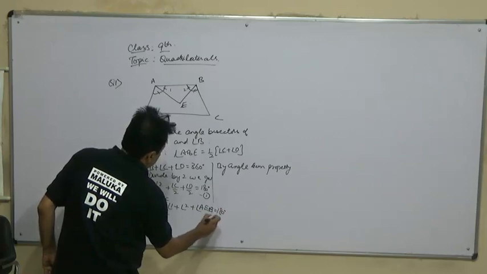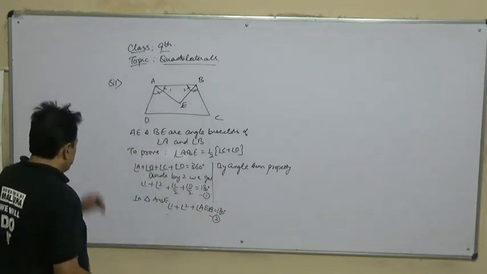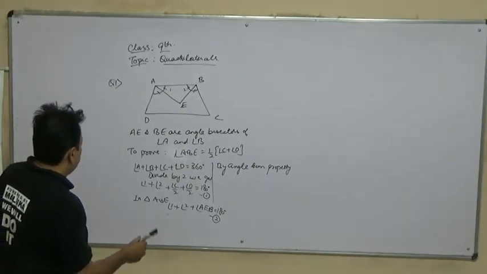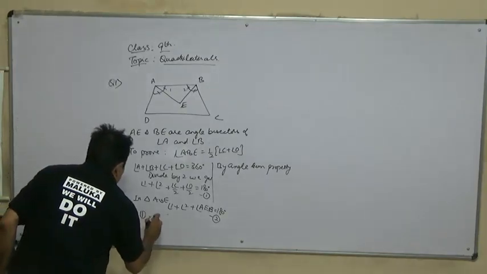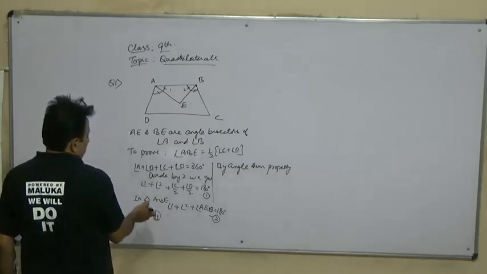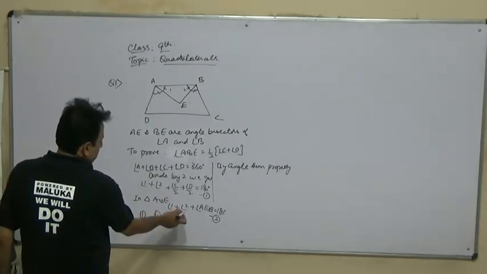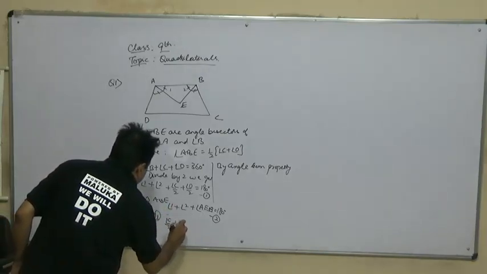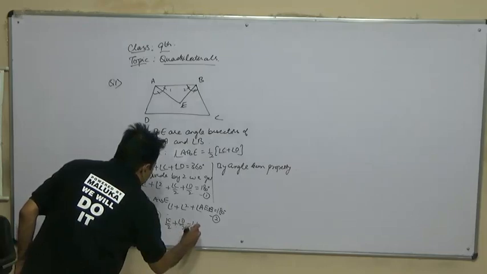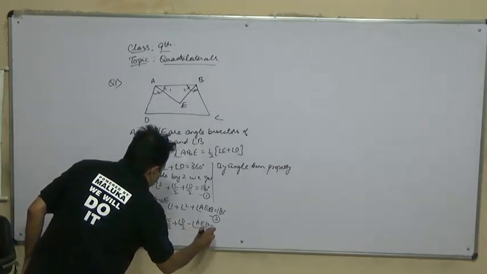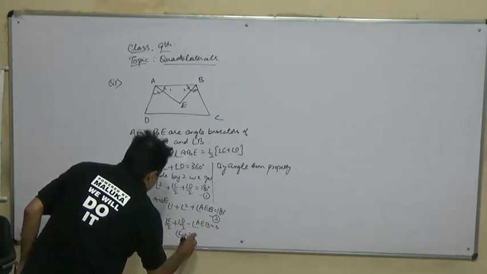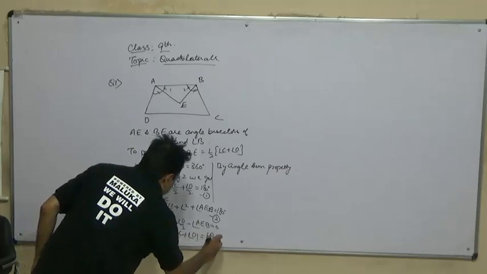This is the second equation. So from 1 and 2 we can subtract, 1 minus 2. These two cancel out. So this will be angle C by 2 plus angle D by 2 minus angle AEB is equal to 0, or we can say half of angle C plus angle D is equal to angle AEB.